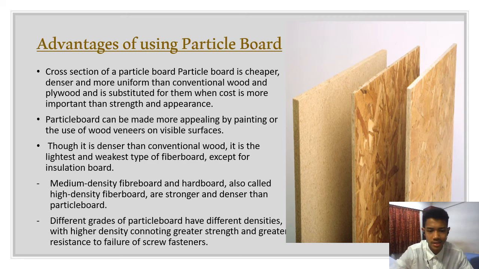Medium density fiberboard and hardboard, also called high density fiberboard, are stronger and denser than particle board. Different grades of particle board have different densities, with high density connoting greater strength and greater resistance to failure of a screw fastening.